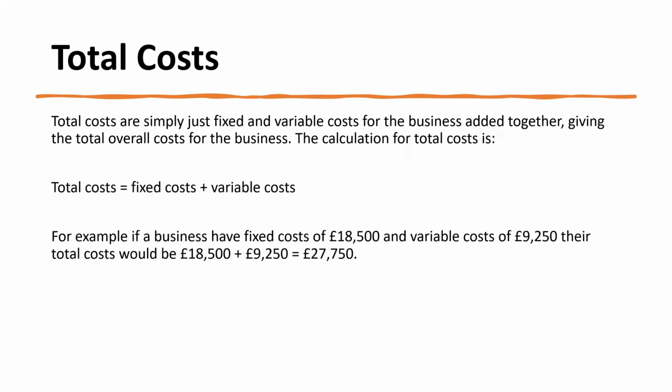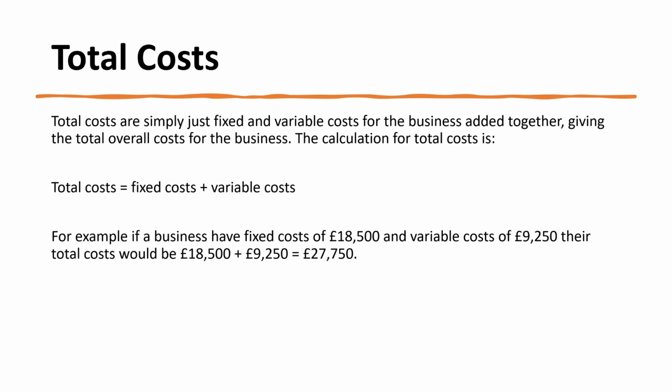And then we have total costs. Total costs are simply just fixed and variable costs for the business added together, giving the total overall cost for the business. The calculation for total cost is, as we just explained, total cost equals fixed costs plus variable costs.